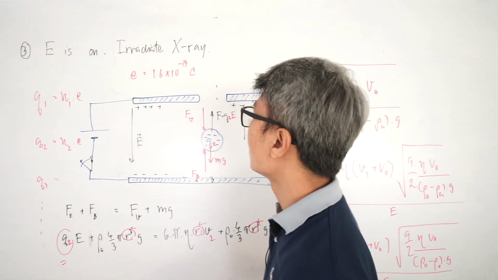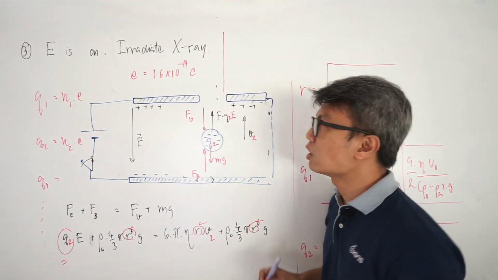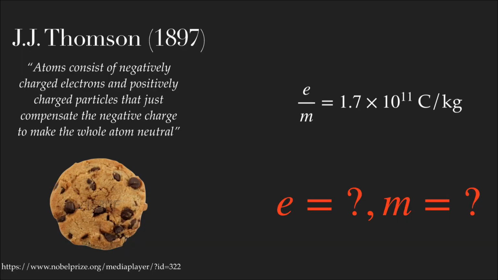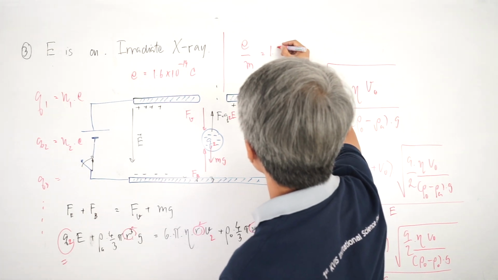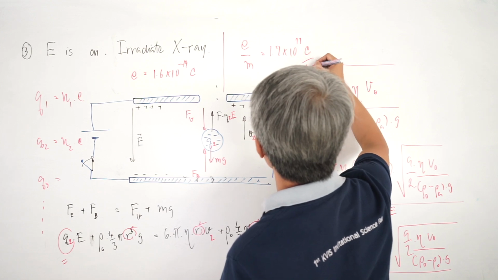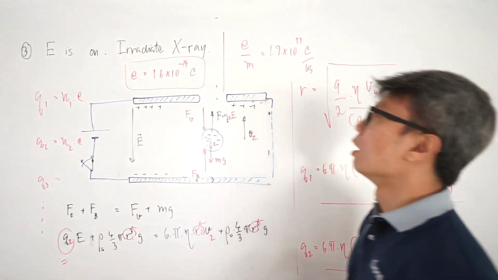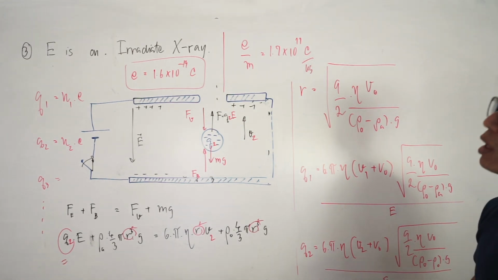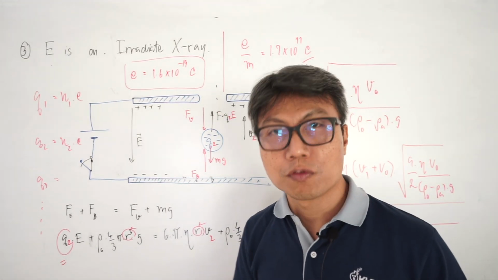And if you still remember the experiment by J.J. Thomson, he only knew the ratio between the charge of the electron and the mass of the electron, equal to 1 times 10 to the power 11 coulomb per kilogram. And from this discovery by Millikan and his PhD student, they were able to calculate the mass of the electron.